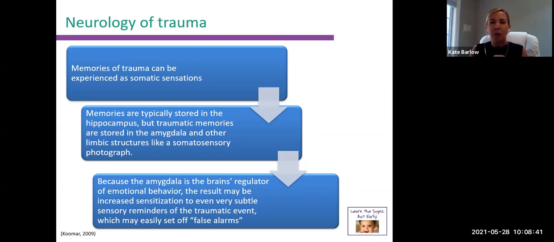So if we remember, Dr. Burke Harris was talking about how the amygdala is really responsible for that fight or flight response. So when a child is really young and experiences a trauma, they may not have any language associated with that trauma, but they may respond to stimuli and you really don't understand what's happening, but it's sort of like a remembrance of a traumatic event.